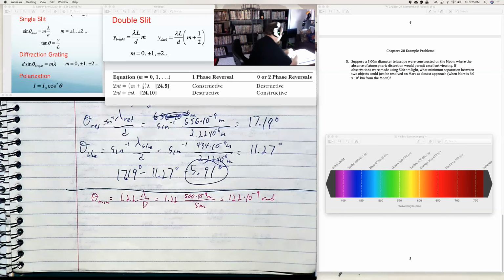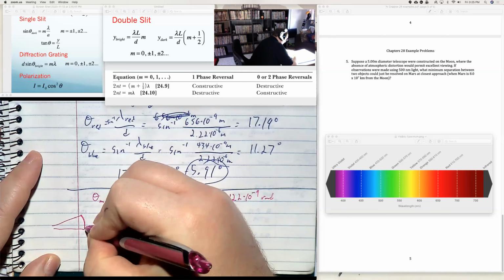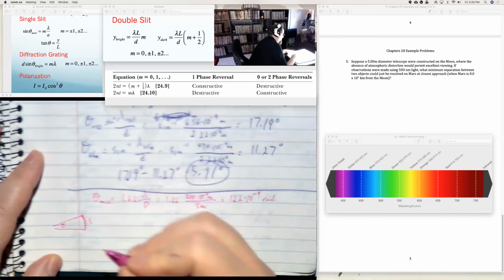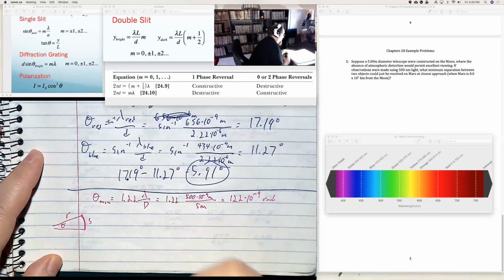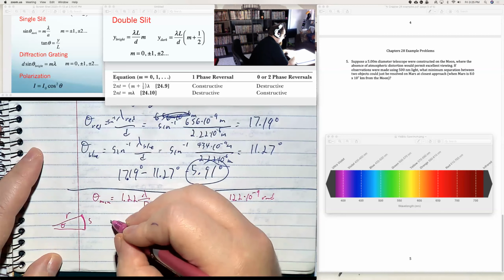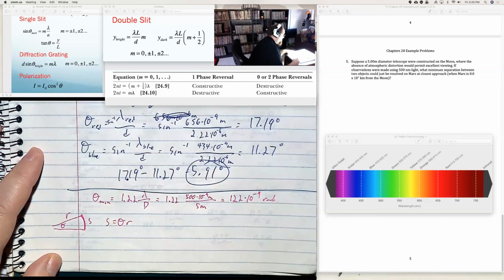But what we can say is if you're looking at something and you want to know how big it is, that bigness is the arc length for the angle, where you're some radius away, where your radius away would be the distance. And we can always say that arc length is angle times radius, as long as you work in radians.